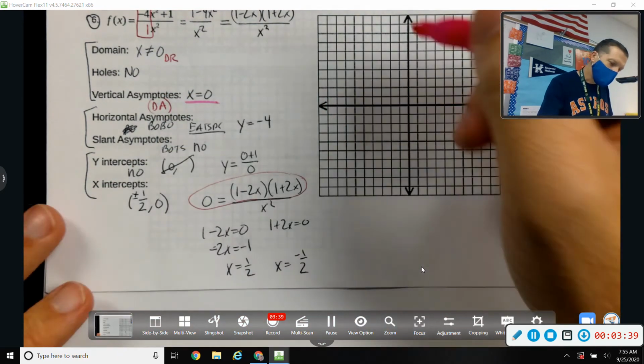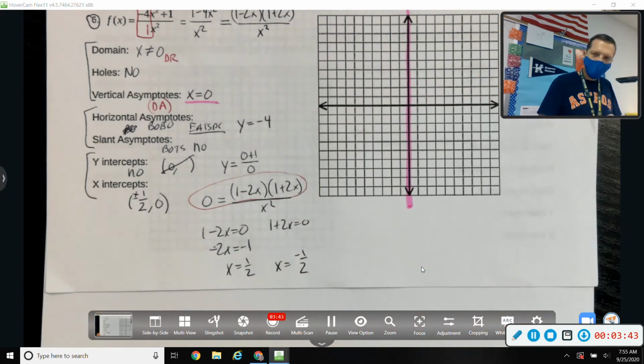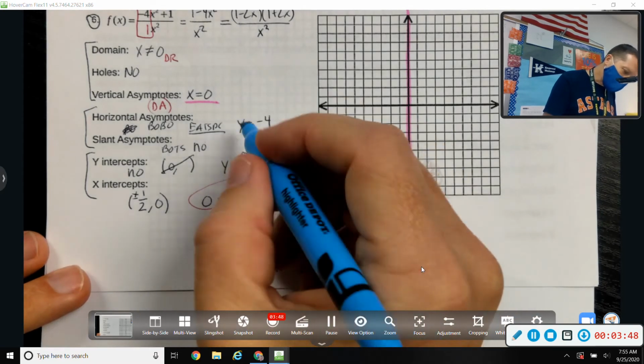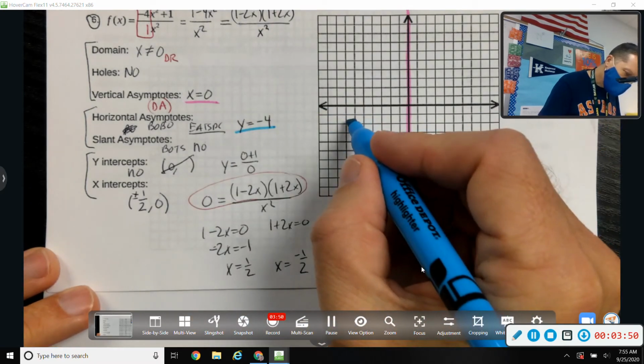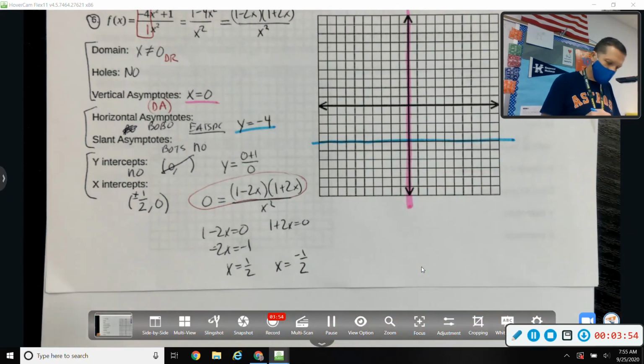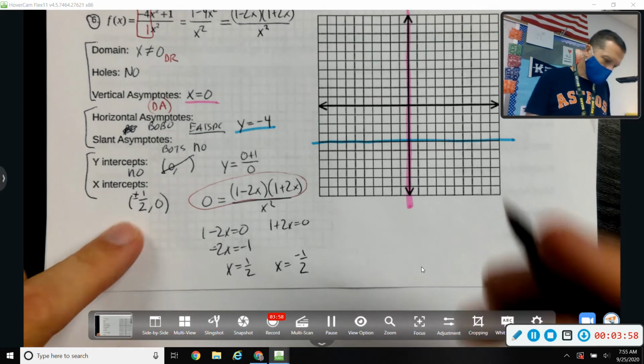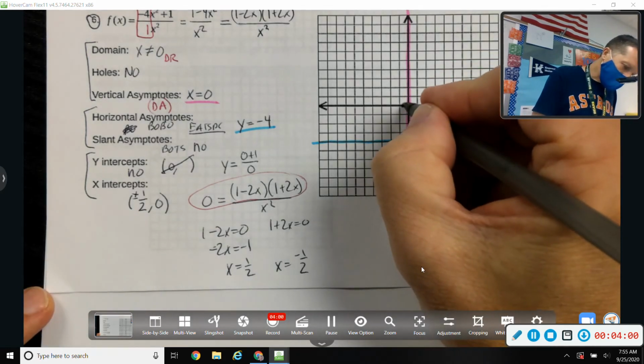All right, vertical asymptote at x equals 0. Horizontal asymptote at y equals -4. X-intercepts at plus and minus 1/2.